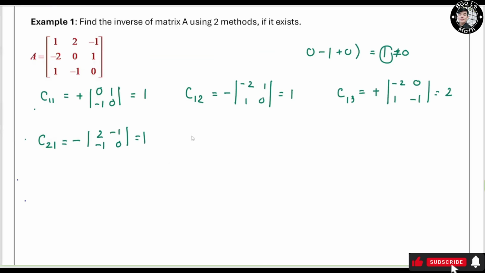Now, next one, C22. This one is minus, this one must be plus. So C22 is right here. So cross out this guy, cross out this guy. It should be 1, -1, and 1, 0. So 1 times 0 is 0. Subtract 1 times -1, so it should be 1.